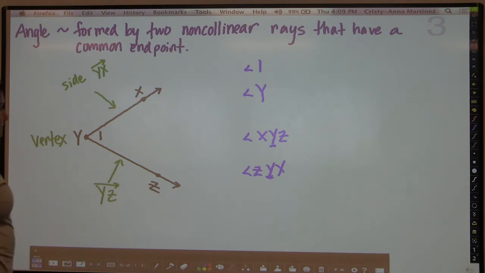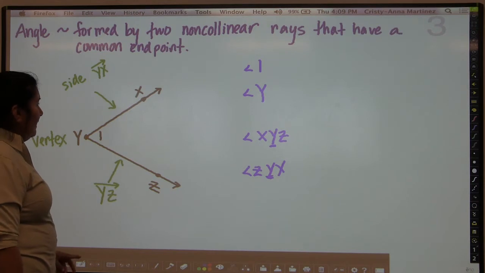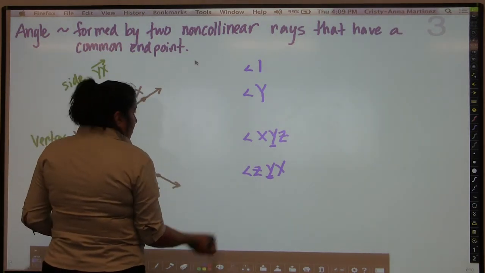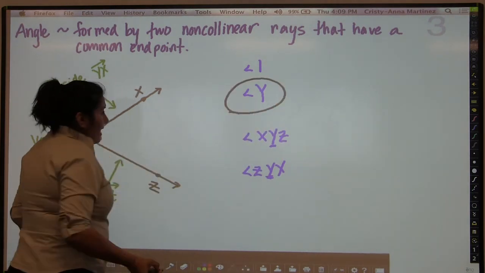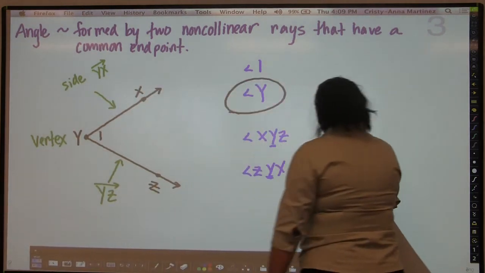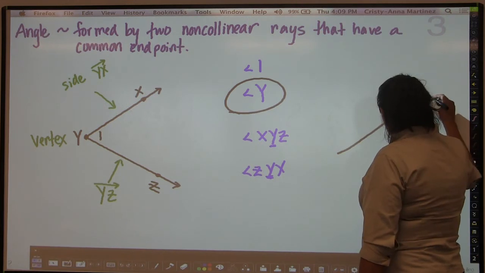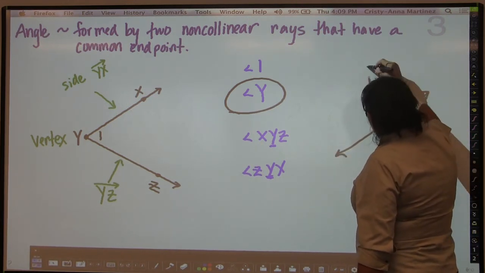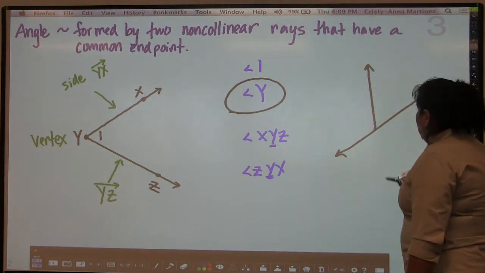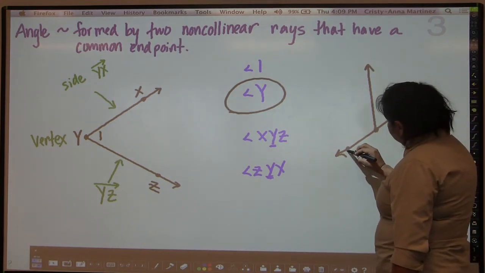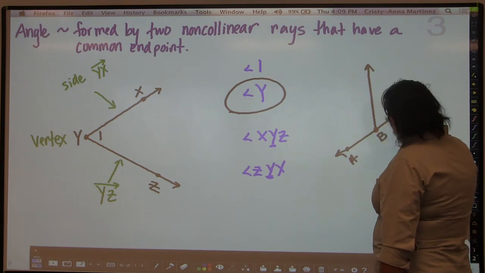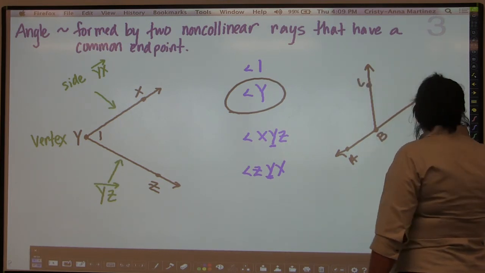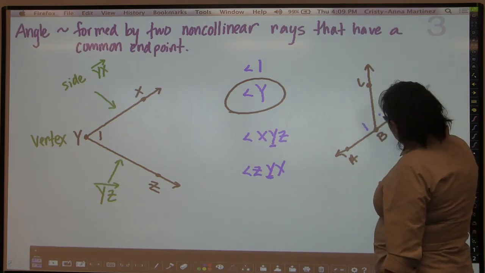Another thing that happens sometimes is there are times when it is not okay to call an angle by 1 letter. And I want to draw an example for you over here that might hopefully make sense. Something like this, okay? And I can put here A, B, C, D, and to make this easier, we're going to call this angle 1, angle 2.